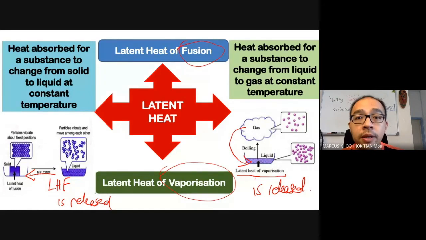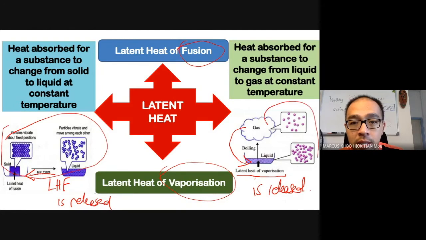Why is it different? Because latent heat of fusion is to change from solid to liquid. You want to break the molecular bonds from solid to liquid. Latent heat of vaporization is you want to break the molecular bonds from liquid to gas. Tell me, between this and this, which is harder to break up?